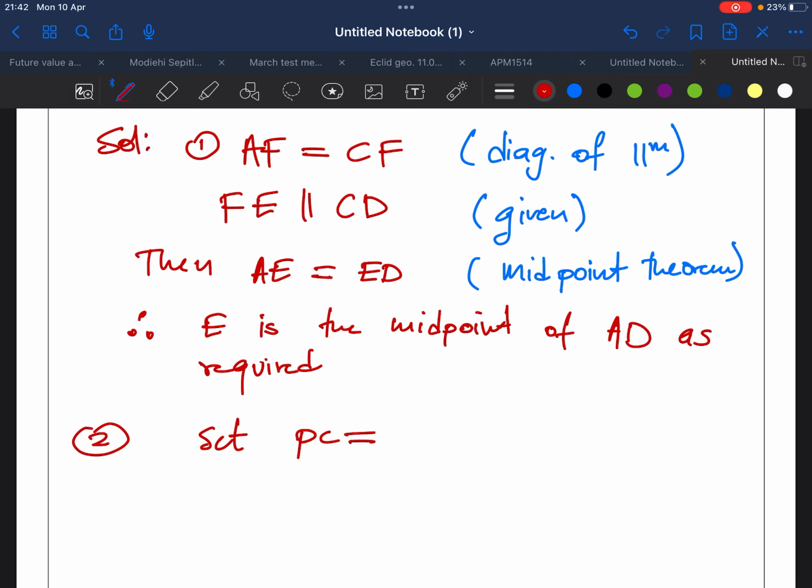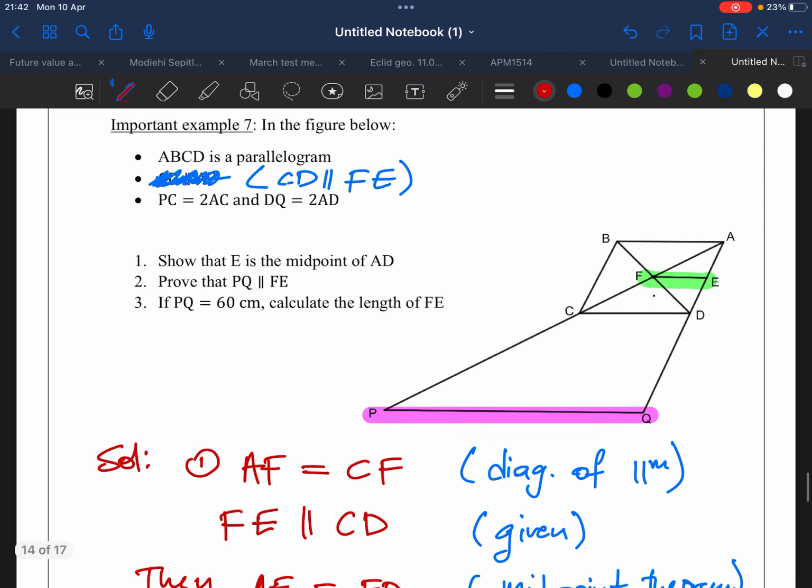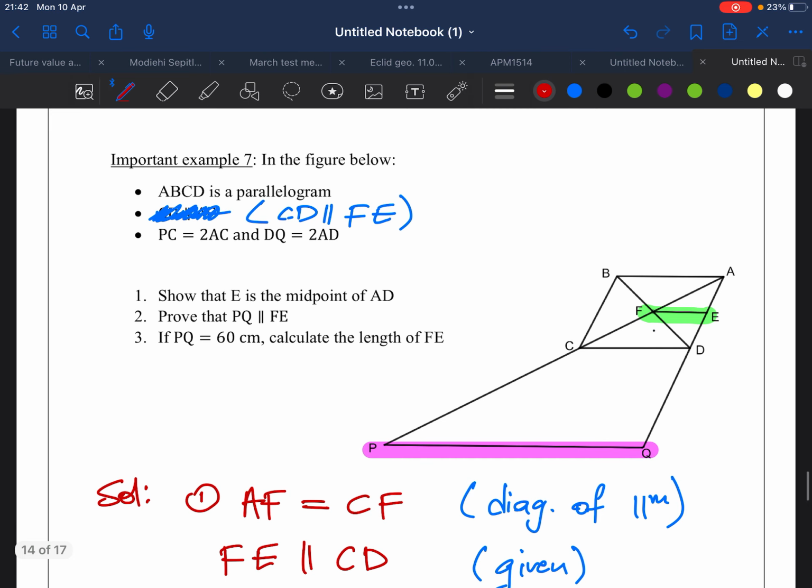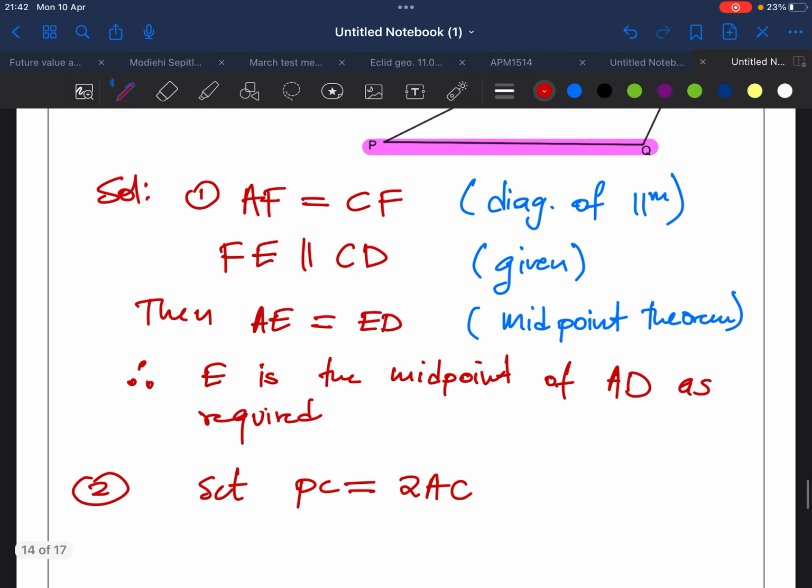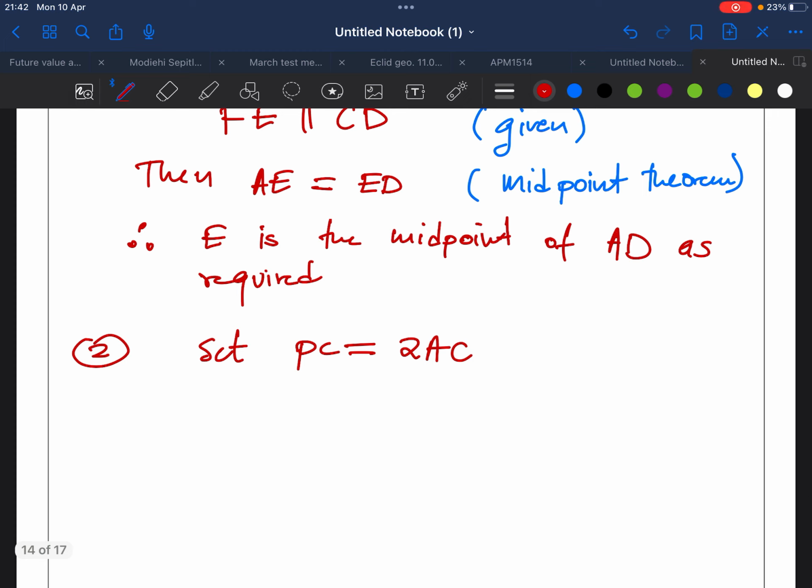Set PC equal to 2AC. This you are given. They said to you that PC is equal to twice AC.